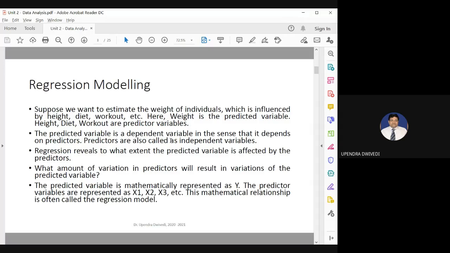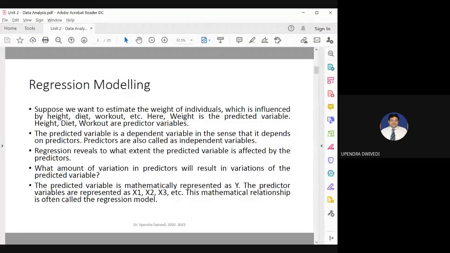Predictors are also called independent variables. You can see that the variable height, the variable diet, and the variable workout are independent of each other. A person having a height of 6 feet does not represent what the diet of that person is.